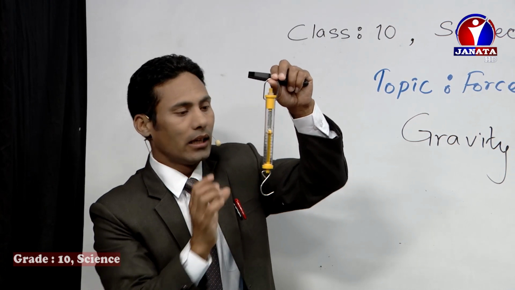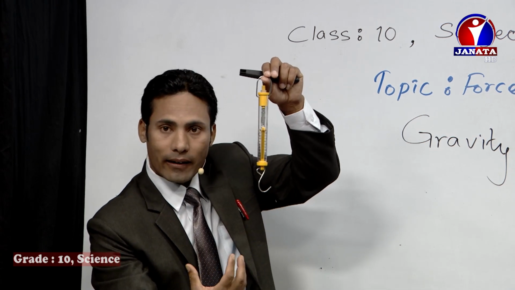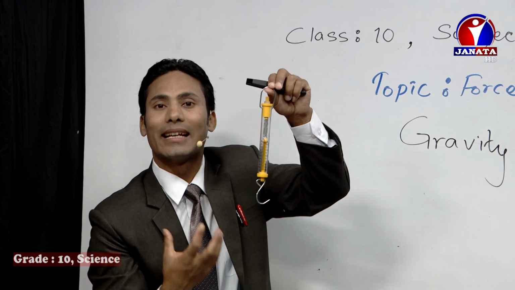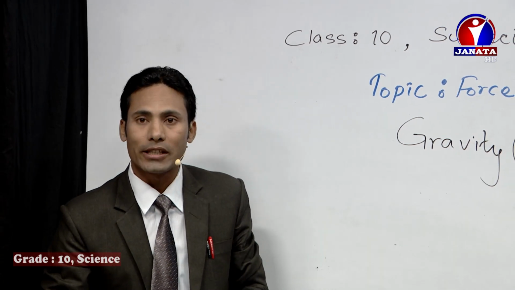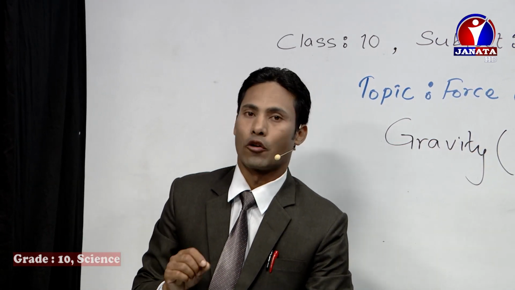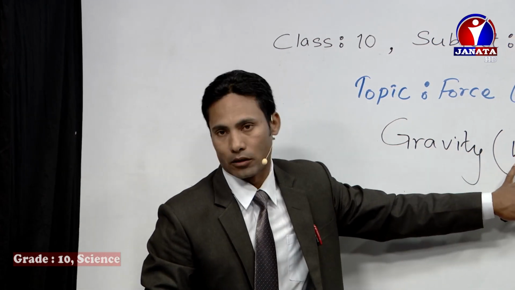The earth is attracting this object towards its center. So that force of attraction of the heavenly bodies on the surrounding object towards its center is called the gravity, or simply we can say it as weight also.